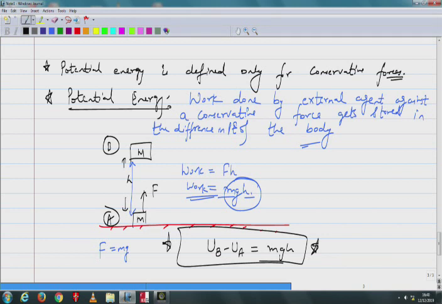Work done by the external agent against the conservative force gets stored in the difference of potential energy of the body. Potential energy has a symbol U. Okay, clear?